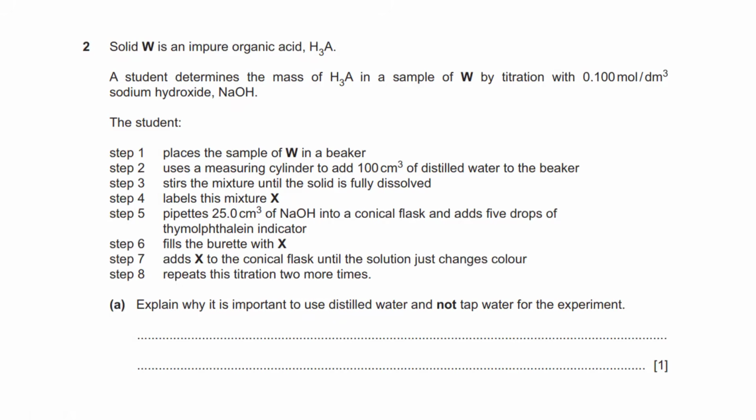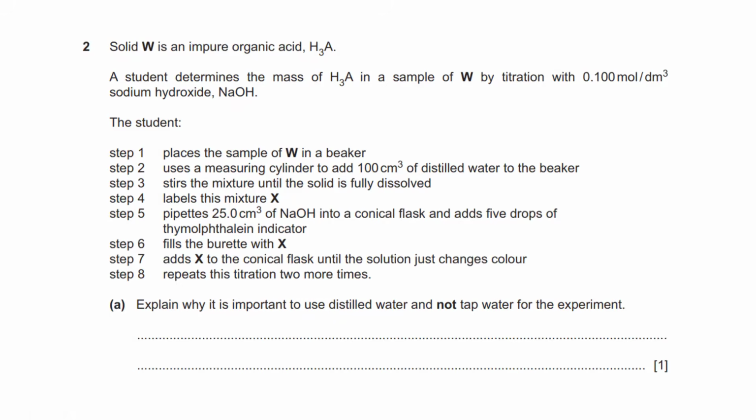So the student is doing the following steps. Step 1, places the sample of W in a beaker. Step 2, uses a measuring cylinder to add 100 centimeter cube of distilled water to the beaker. Step 3, stirs the mixture until the solid is fully dissolved. Step 4, labels the mixture X.